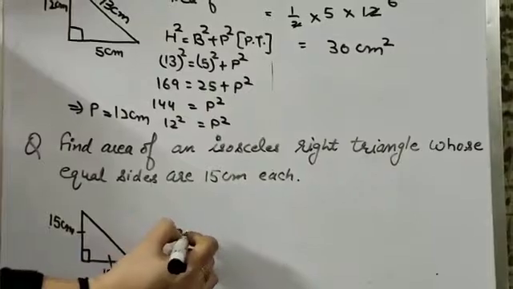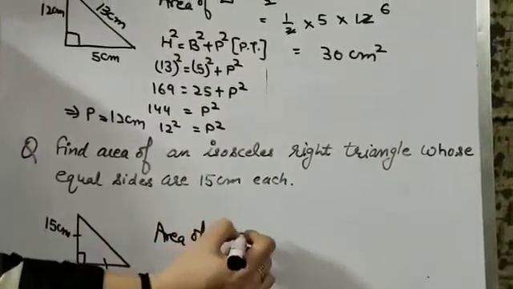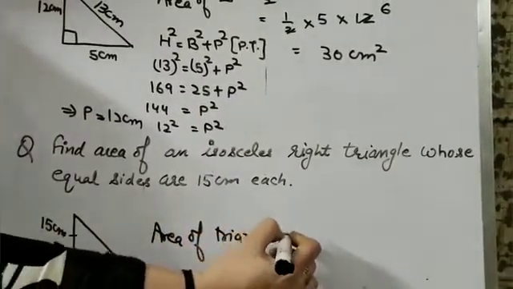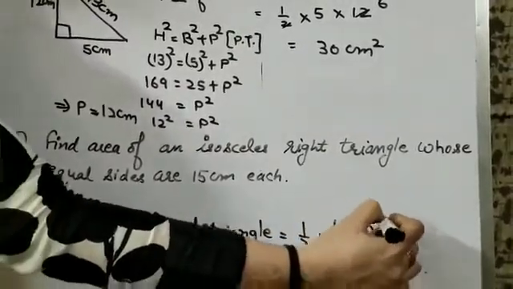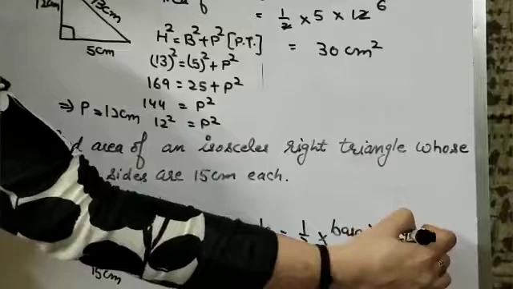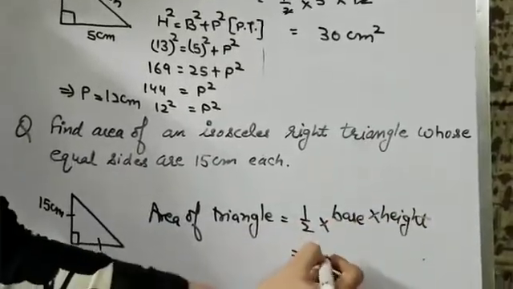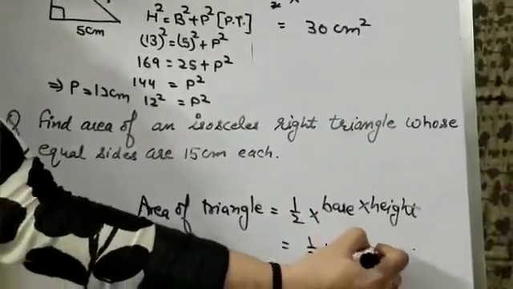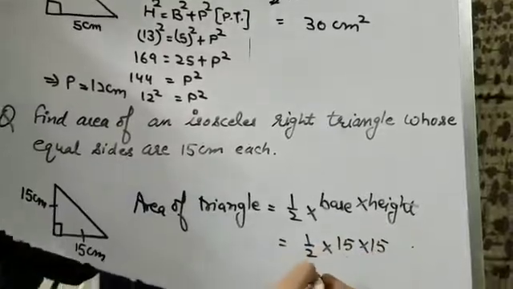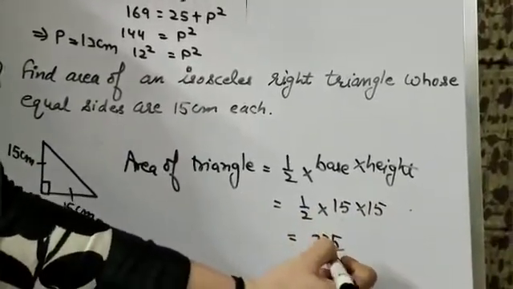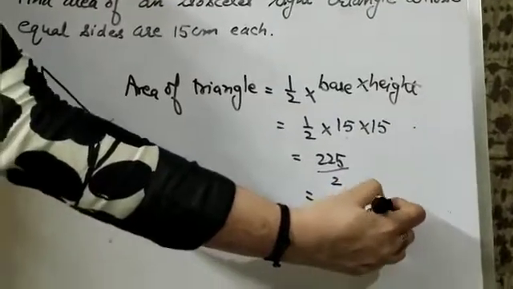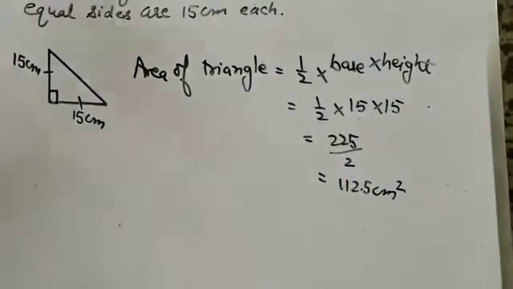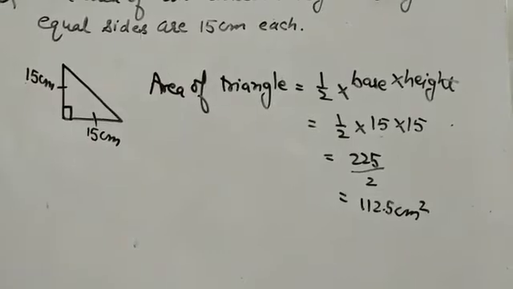Now both base and height are given to us, so area of triangle is half into base into height. Base is 15 as well as height is 15 centimeter. 225 by 2, 112.5 centimeter square. This is the area of this isosceles right angle triangle.